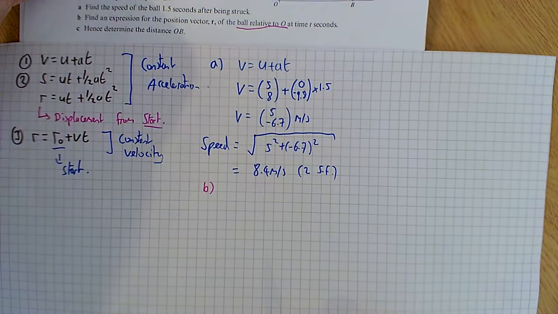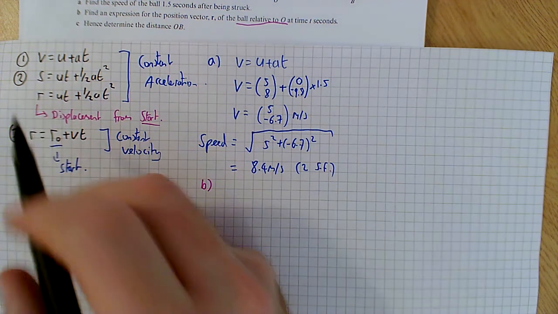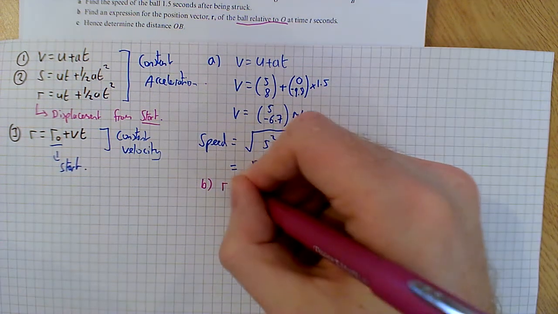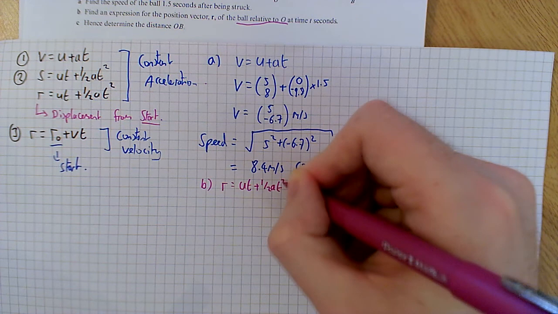So if we take a little look here, we want to use the displacement formula with my s. But because it's a vector quantity, I'm going to use the r, just because I want you to get used to seeing the r now as well. So we've got that r is equal to ut plus 1/2 at squared.